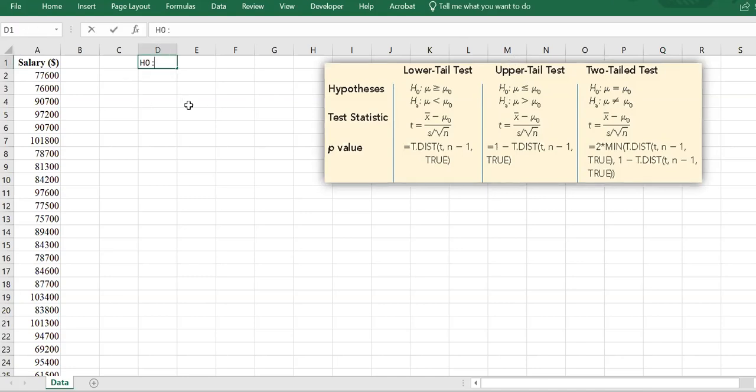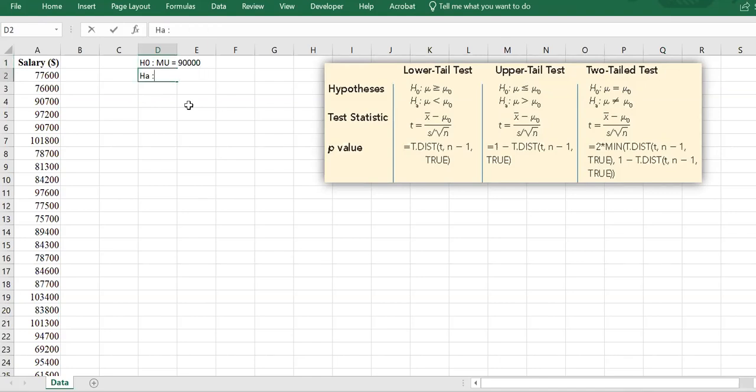Null hypothesis, if mu is the average salary of school administrators in the state of Ohio, mu is equal to 90,000, and 90,000 is the national average.